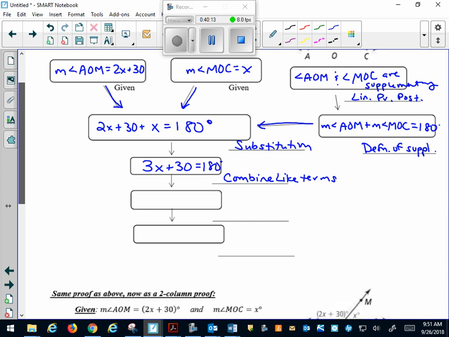If we subtract 30 from both sides, we're going to get 3x equals 150. Our reason? Subtraction. Again, you can use POE for property of equality. Then what? We want to get x to be 50. So what do we have to do next? Divide by 3, right? So x equals 50 by the division property of equality. Dividing both sides by 3.